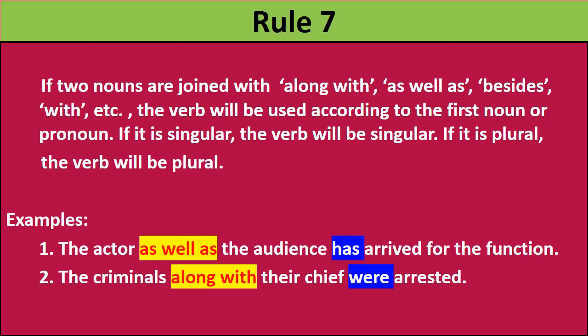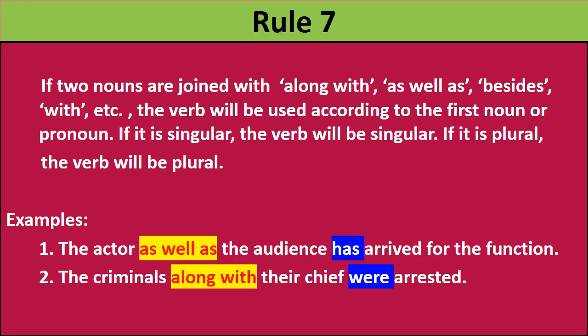For example, the actor as well as the audience has arrived for the function. Now our first noun is the actor, which is singular. So that is why we have provided a singular verb, has. The criminals along with their chief were arrested. Now the first noun is the criminals.